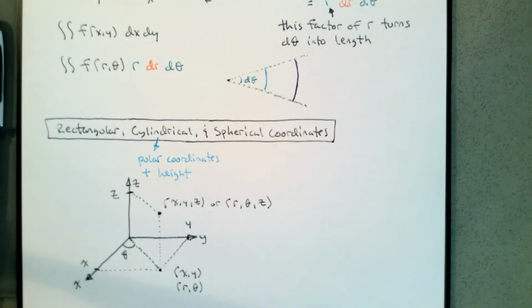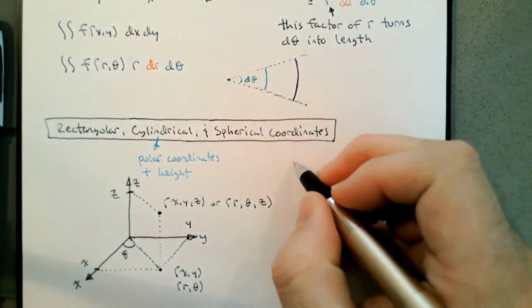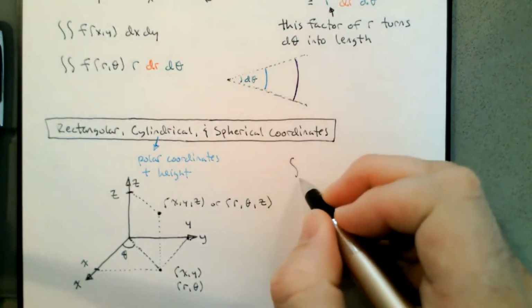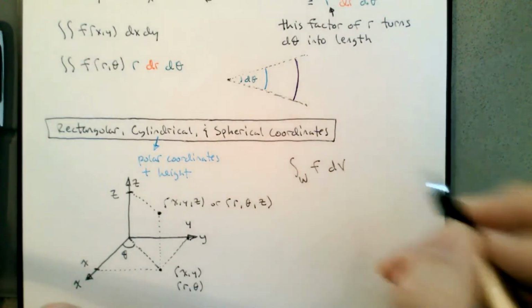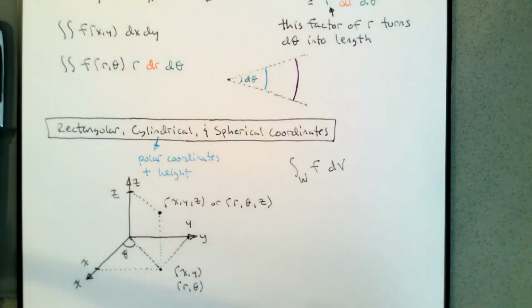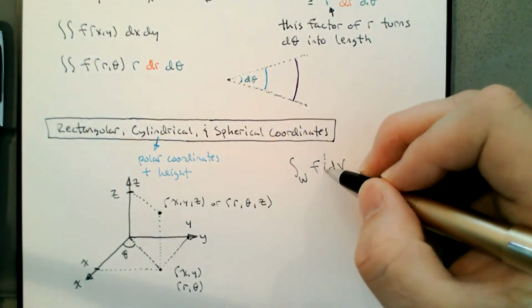If we think about the issues that we have with creating a double integral in the context of a triple integral, remember what we need for a triple integral. We have a triple integral over some solid W of some function. We need a factor of dV, and that has to be a volume.